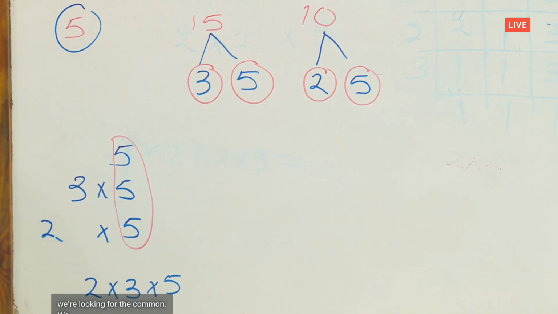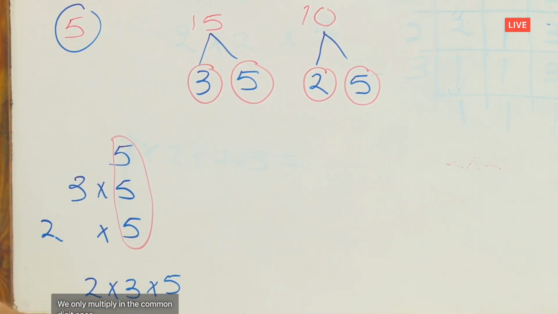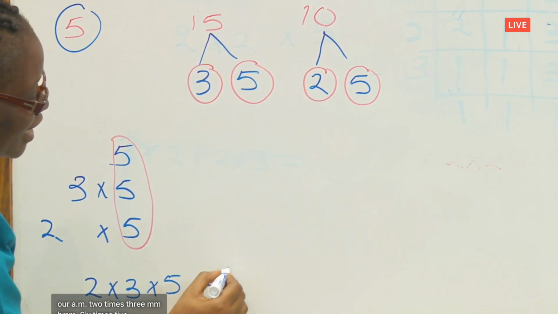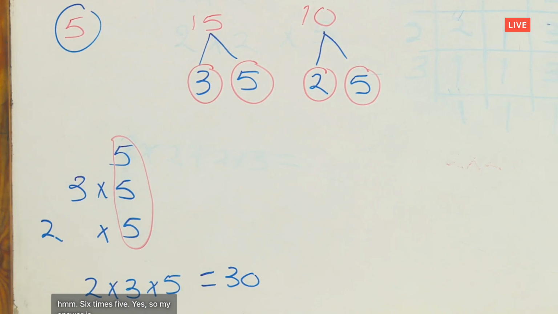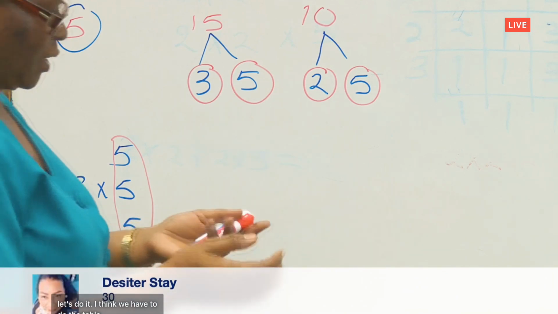We put these in a circle because we only want to use one of them. That's why we're looking for the common. So we are only multiplying the common digit once. So now we can find our LCM. 2 times 3, 6. 6 times 5. Yes. So my answer here is 30.